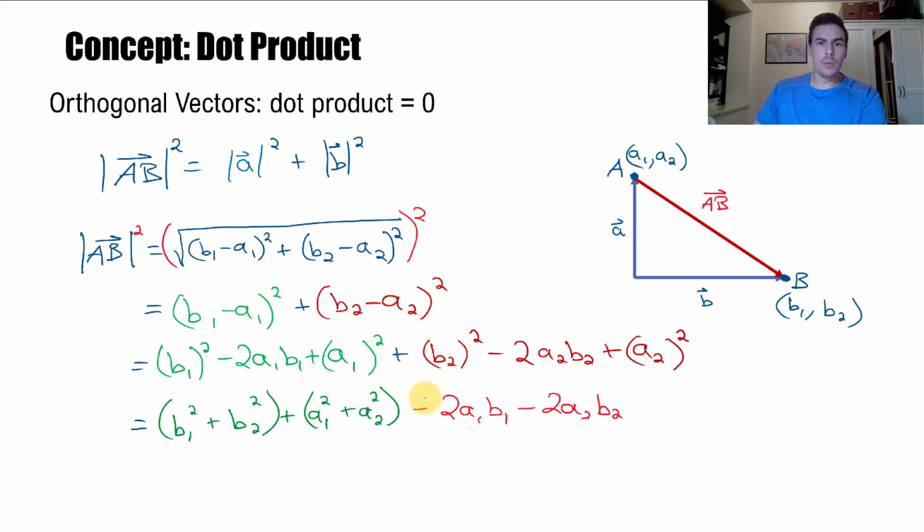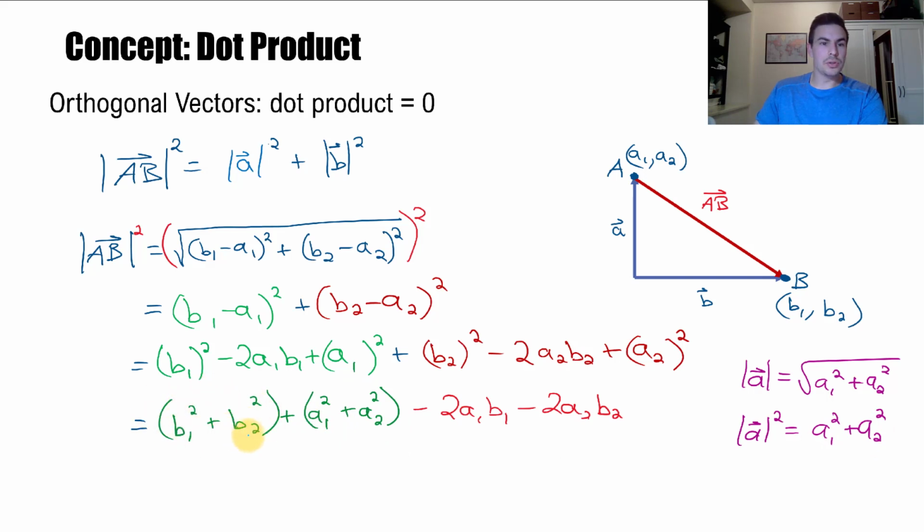Why are we doing that? Well, because remember the magnitude of a vector is equal to the square root of its first component squared plus the second component squared. So if we squared both sides down here, we would get a1 squared plus a2 squared, which is exactly what we have right here. And likewise for b right here.